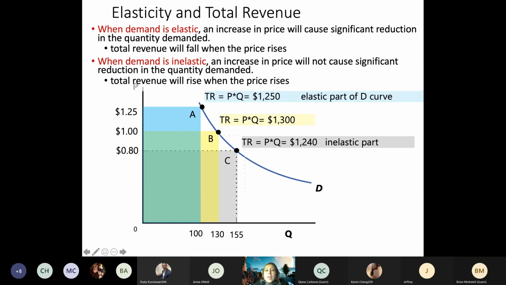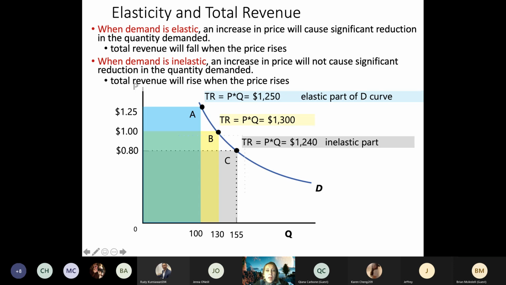Because when we are at point B and moving to point A, price increases, so per unit price goes up, but the amount of sales goes down by a larger amount. So when demand is elastic, an increase in price will cause a significant reduction in the quantity demanded.